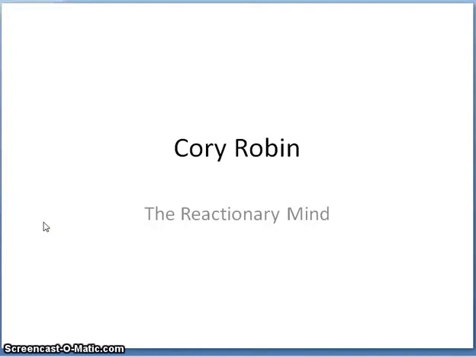In this lesson, we're going to take a look at a book by Corey Robin called The Reactionary Mind. In this book, he goes back through history and tries to find out what the common elements of conservative movements are. What he concludes is that conservative movements often throughout history arise in reaction to democratic, progressive social movements.